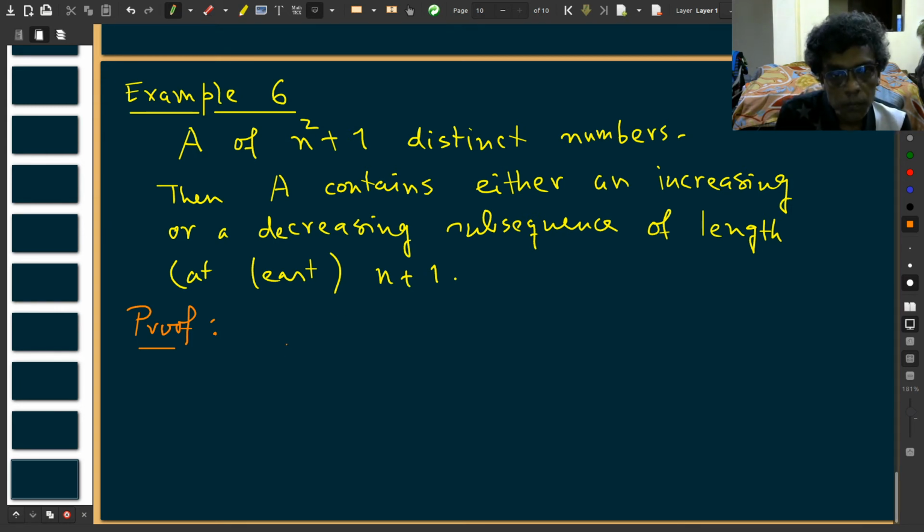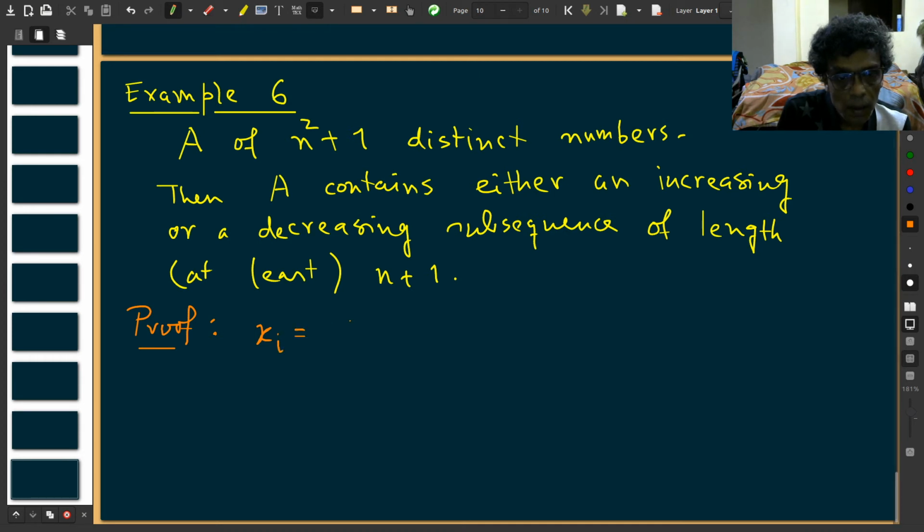Okay, so I assume that this is not the case and I will arrive at a contradiction. To that effect, I define two things first.